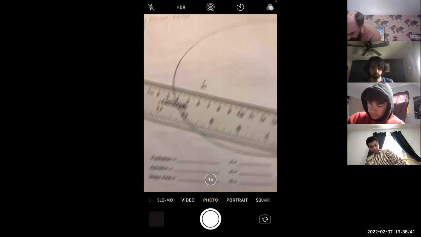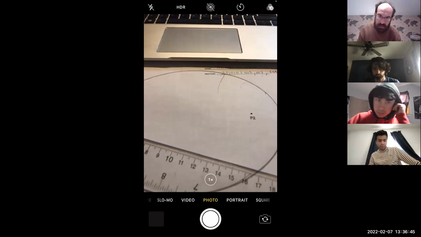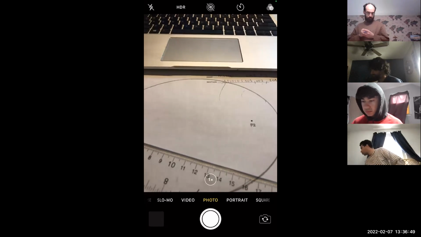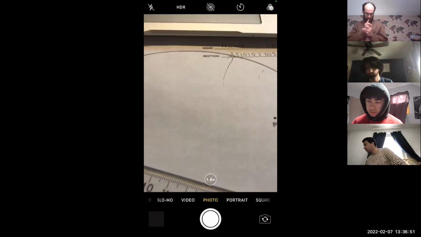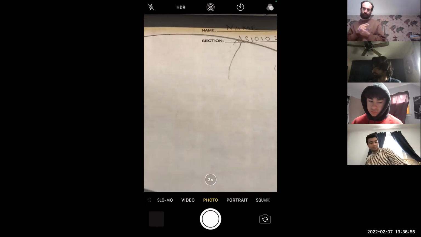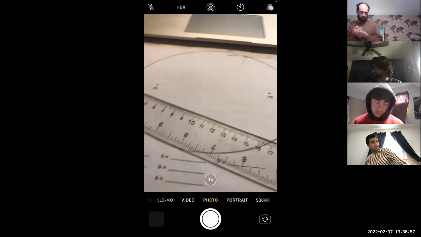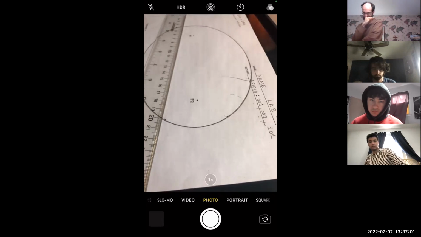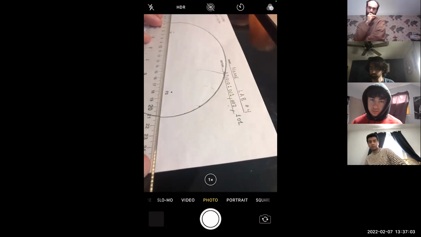First thing we're going to do is draw in our major axis. Let me see if I can zoom out a bit here. I'm going to go sideways so that you can see me with the camera.